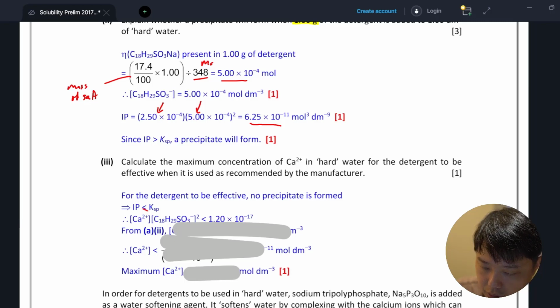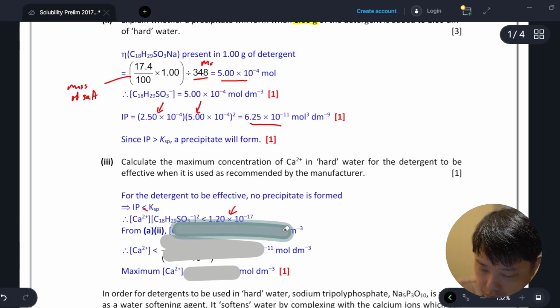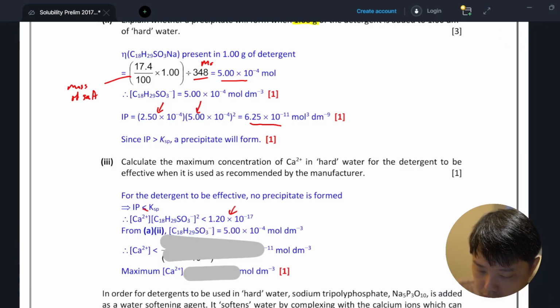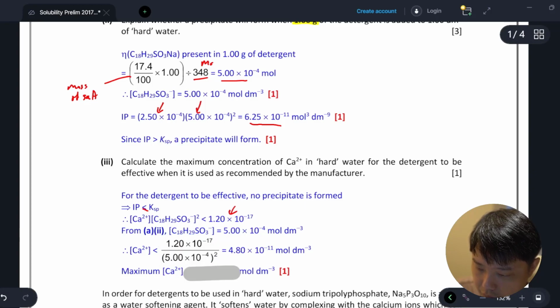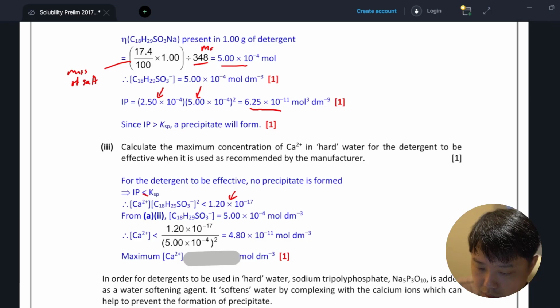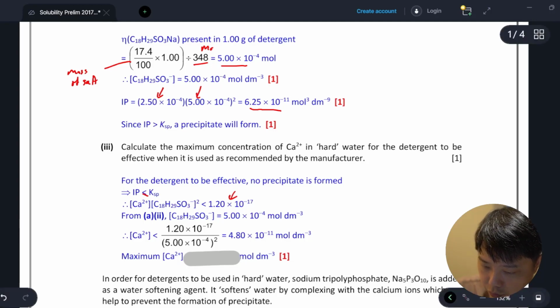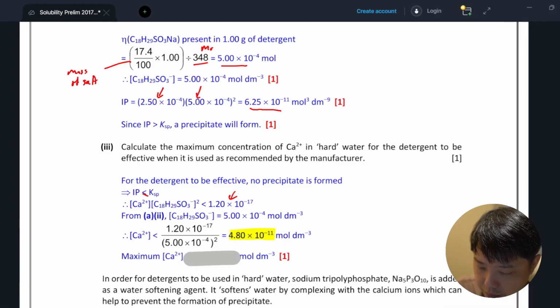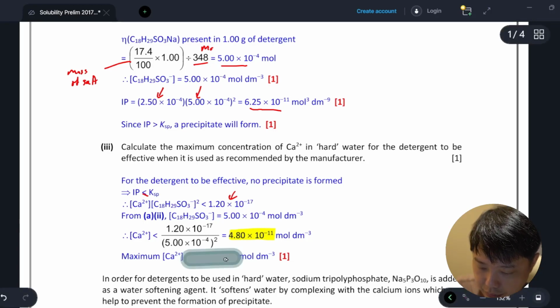So we sub in the value for the Ksp, and then we sub in the value for the salt. We find that the maximum amount of calcium that can be present, where the IP is equal or smaller, is 4.8 times 10 to the power minus 11. Any value of calcium greater than this, you will get a precipitate. So this is the maximum amount.